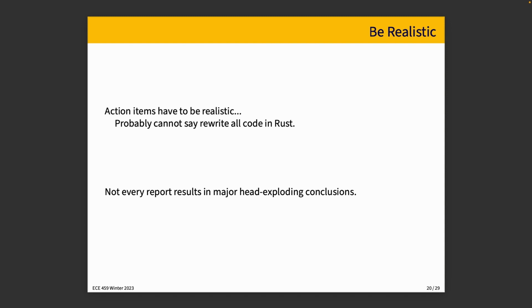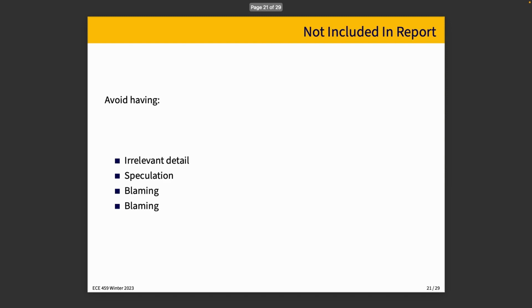Reports sometimes result in boring conclusions that say, yes, our test infrastructure is inadequate for this situation, we need to improve it, this is what I think we should do. That's fine. We're not expecting anything life-changing as a result of it.